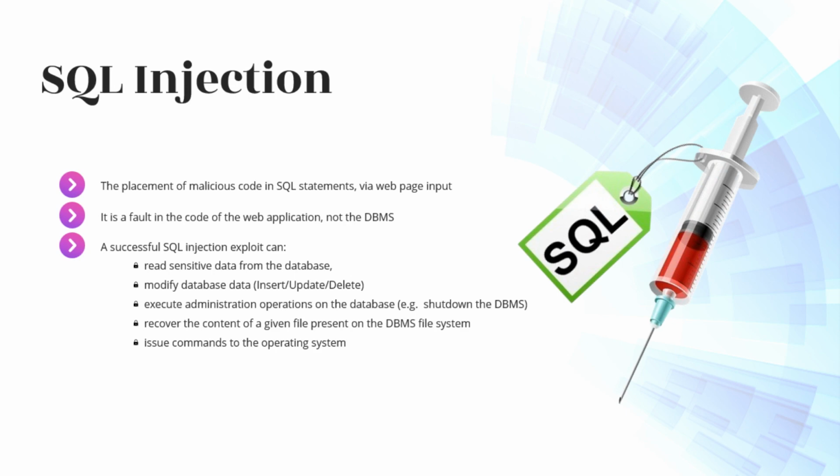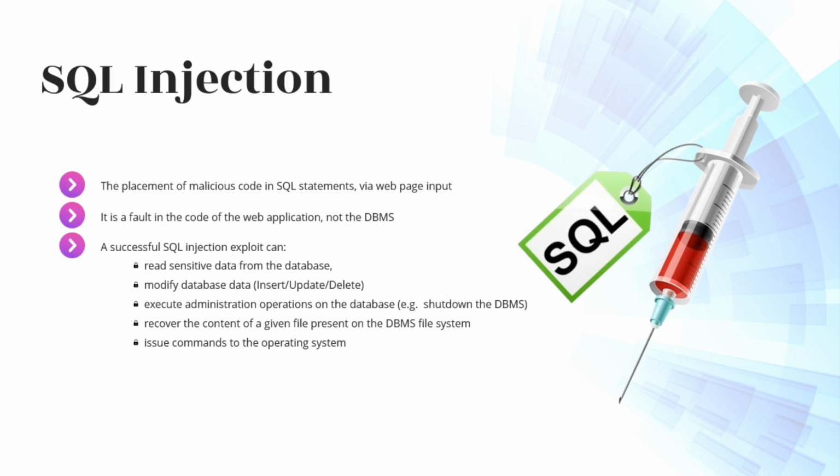Now, SQL injection is basically the execution of SQL statements through a web application, and this allows the attacker to either read sensitive data from the database, modify that data, or even execute certain commands on the DBMS or even the database server which is hosting that database itself.